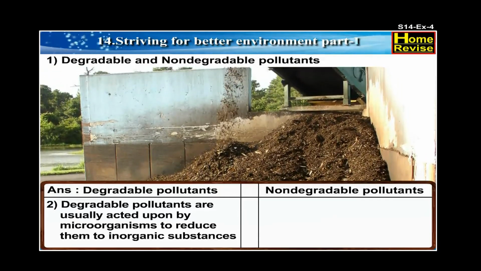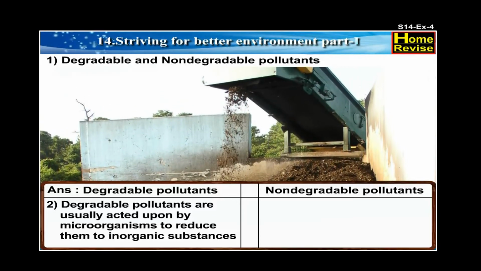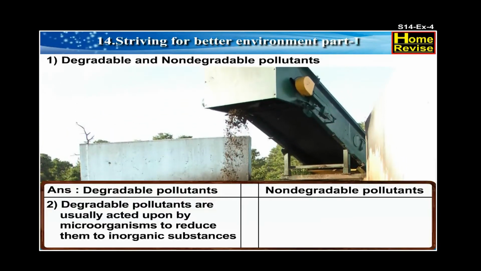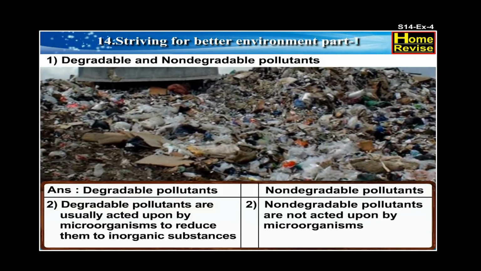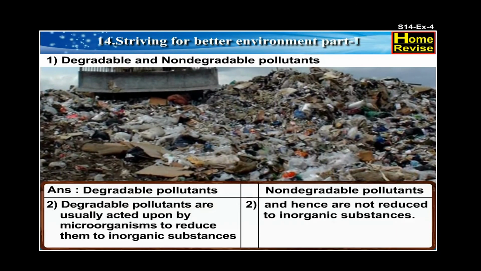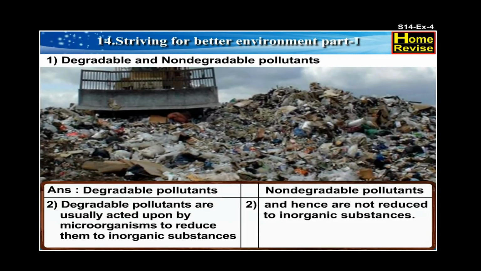Degradable pollutants are usually acted upon by microorganisms to reduce them to inorganic substances, while non-degradable pollutants are not acted upon by microorganisms and hence are not reduced to inorganic substances.